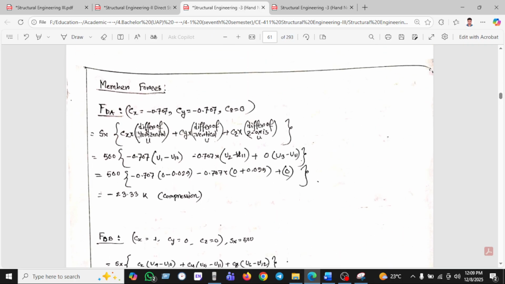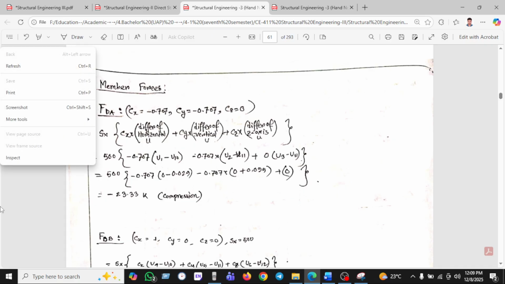After taking this value, now we are seeing the member forces. How will we calculate the member forces?